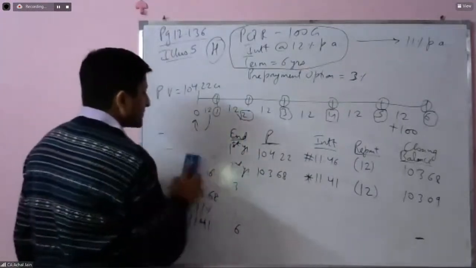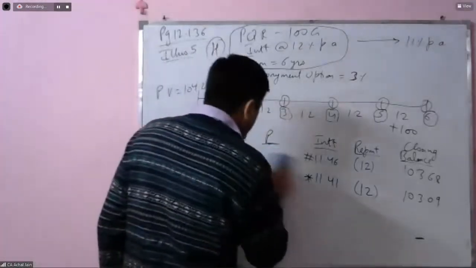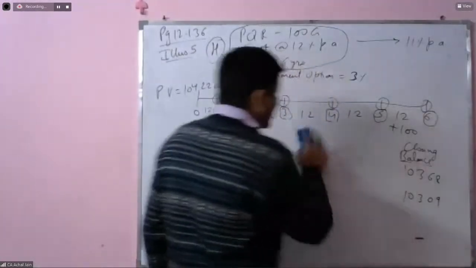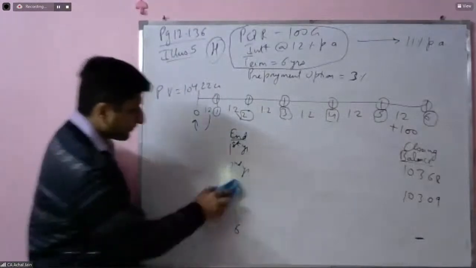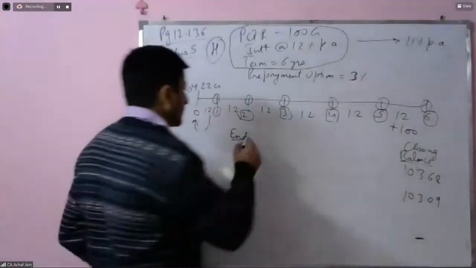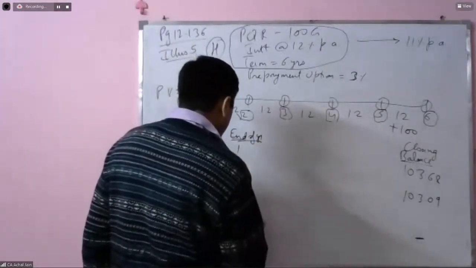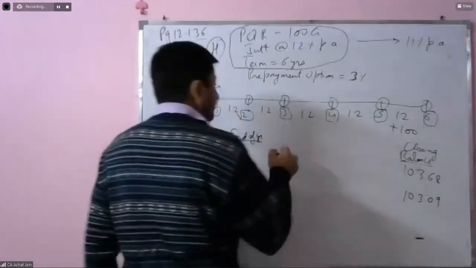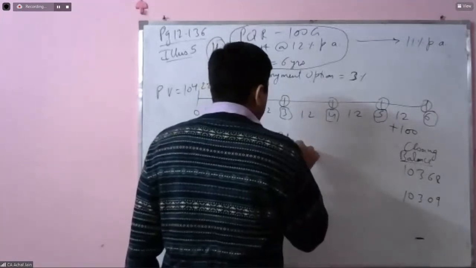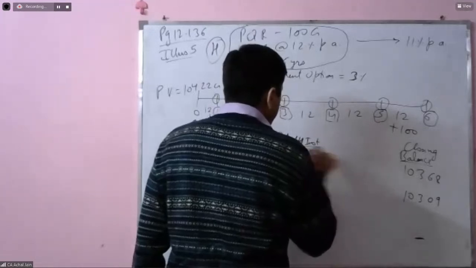So I'll have to clear this working now, and I'll clear this part also. But I'll need these closing balances. So at the end of years 1, 2, 3, 4, 5, 6, we have the balance of the host instrument.